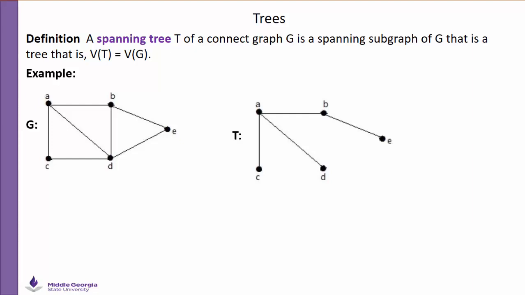So since there are no cycles and it's connected, T is a tree, and that tree spans graph G, meaning it has all the same vertices as graph G. And there are probably more than one different spanning tree of graph G. This is just an example of one of them.